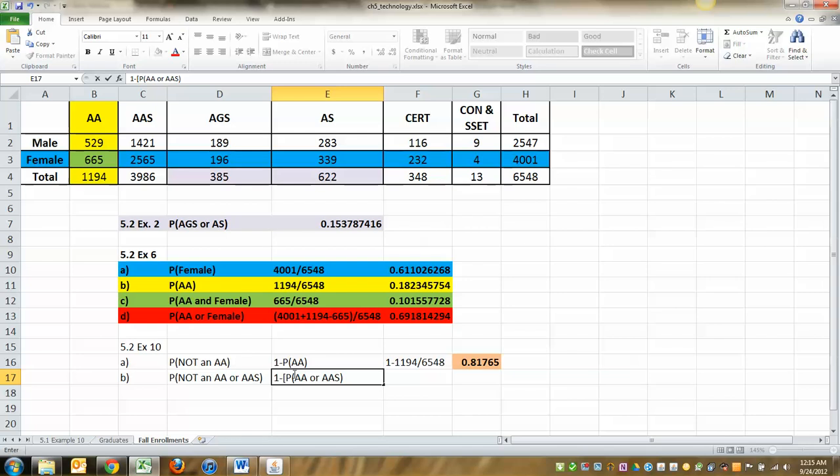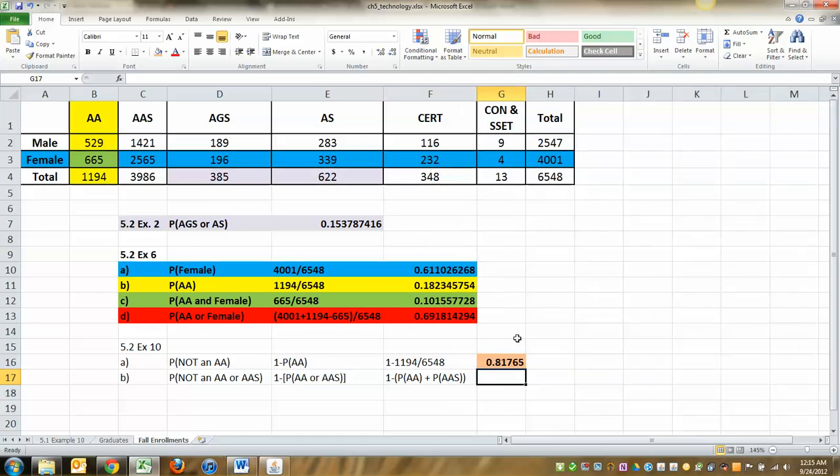Because if you don't want either one of them, you've got to add them up. So the probability of AA or AAS, I'm going to put this in 1 minus, and then I'm going to have to find the probability of AA plus the probability of AAS. I'm going to have to take it away from 1.